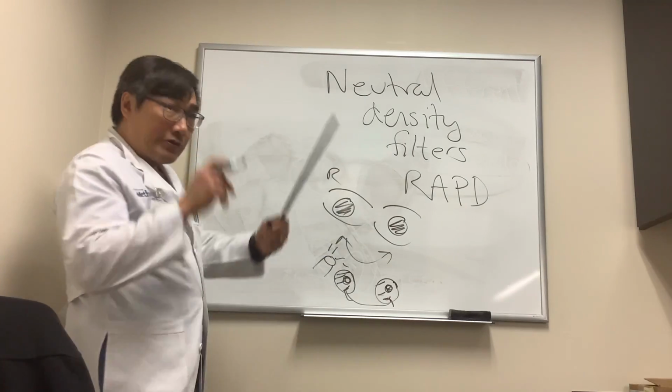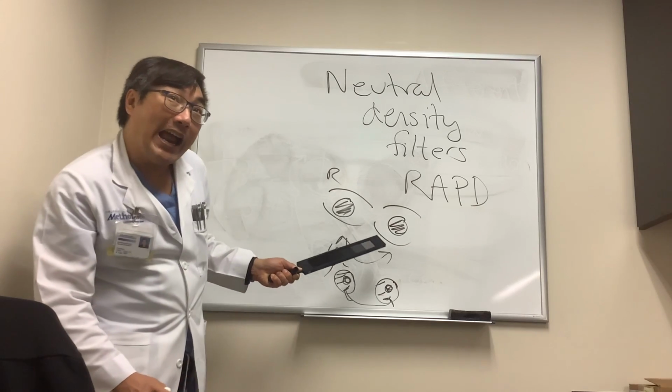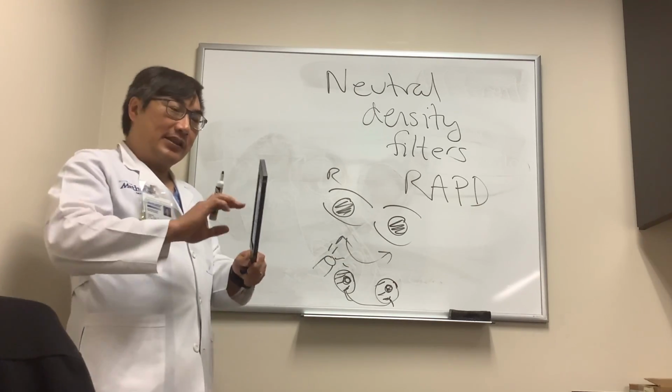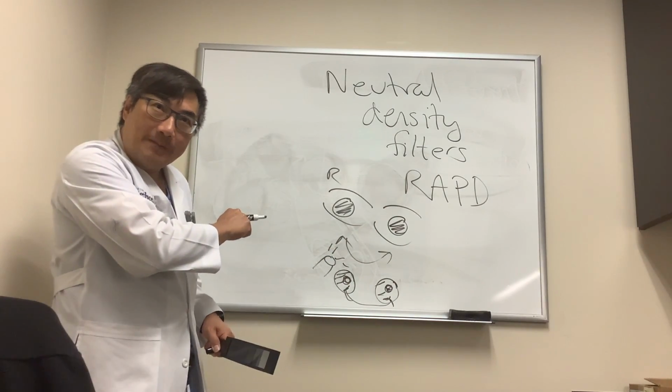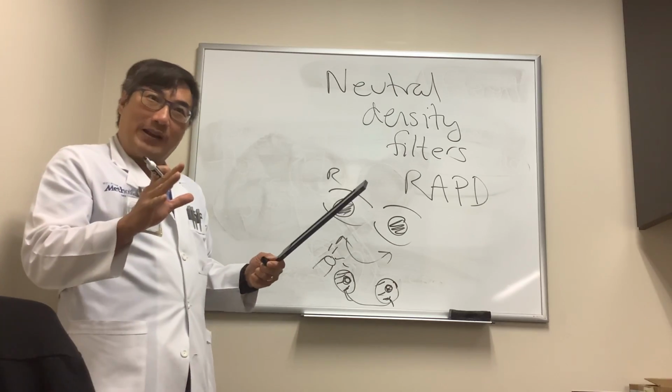And the way you use this is we can put this filter over the good eye to neutralize the relative afferent pupillary defect. And thus, when the light swings and it fails to produce the RAPD, that's the measurement of how big or how severe the RAPD is.